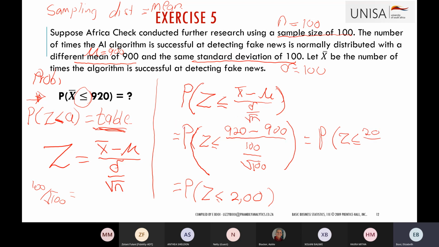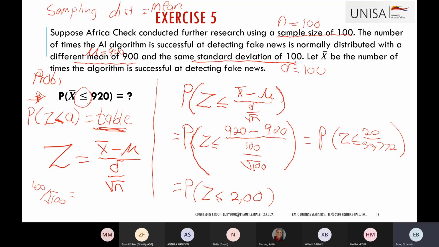Divide by the standard error, whatever the answer of that was. I must still calculate. What is the answer? 0.9772. And then say 20 divided by that will give you 2.00.